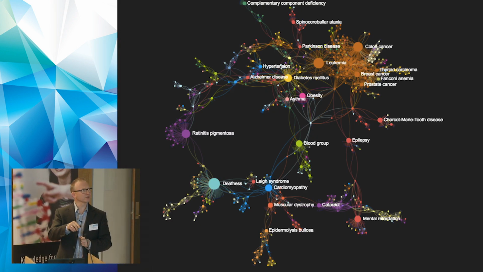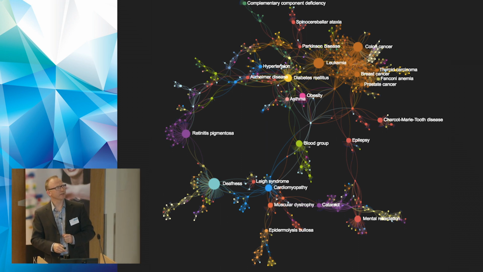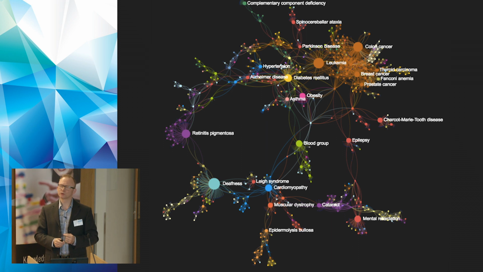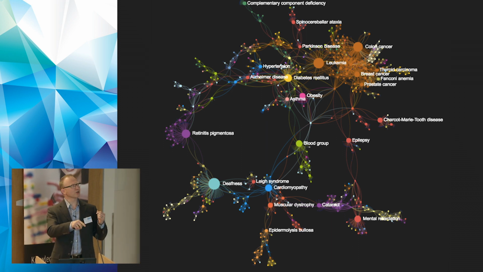So this is a picture of the giant component in the network, meaning of the different diseases that were studied, about 2/3 are in this connected system where you can start at one disease and follow a link to a different disease and follow a link to a different disease, etc., and you can go around this whole loop in this system.